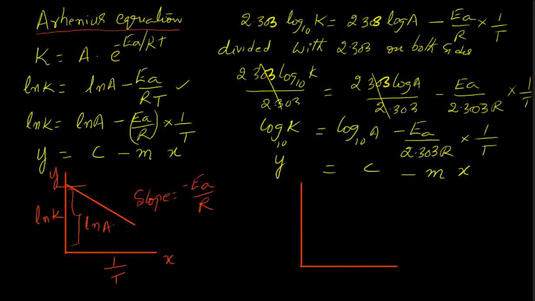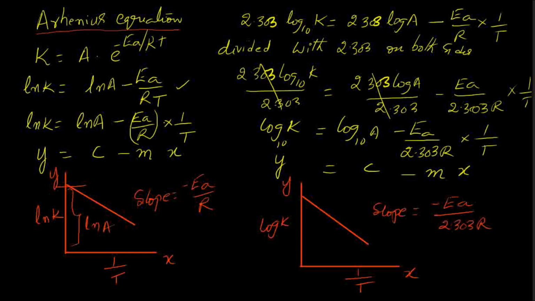So now the graph: on the y-axis is log k and on the x-axis is 1 by T. The slope is negative, so the slope equals minus Ea by 2.303 R, and the intercept is log A. So if log k versus 1 by T, the slope is minus Ea by 2.303 R, and if ln k versus 1 by T, the slope is minus Ea by R. So these are the Arrhenius equation graphs.